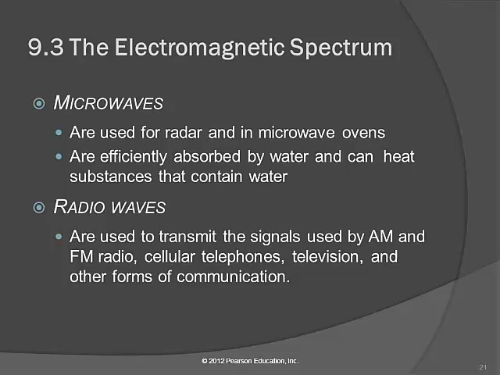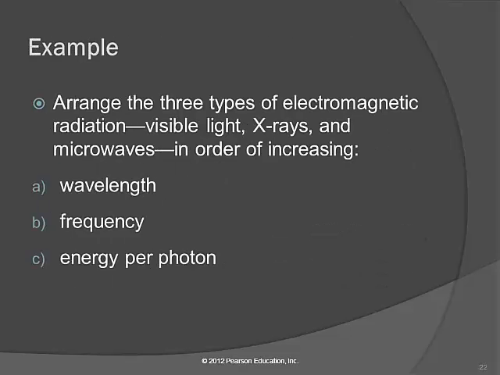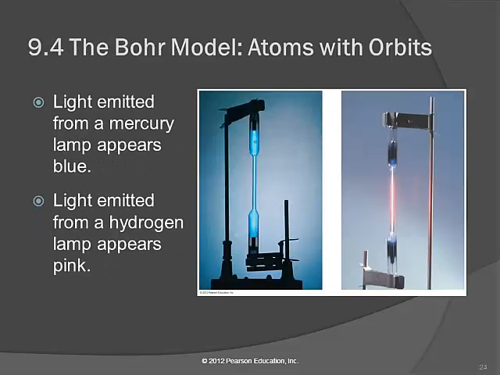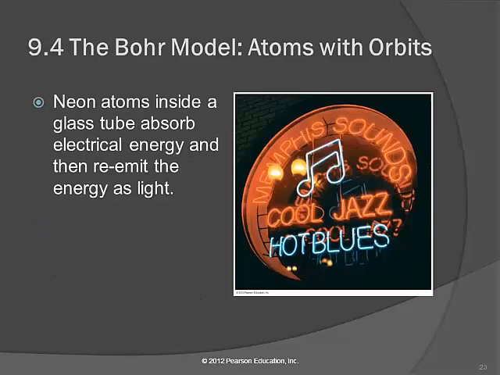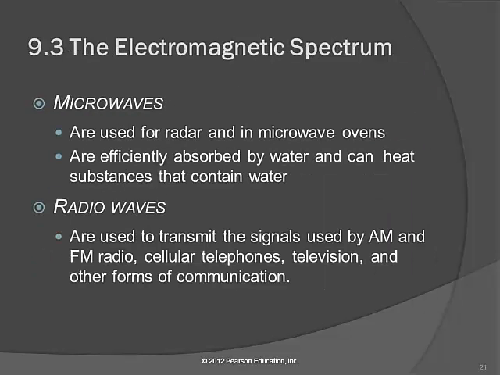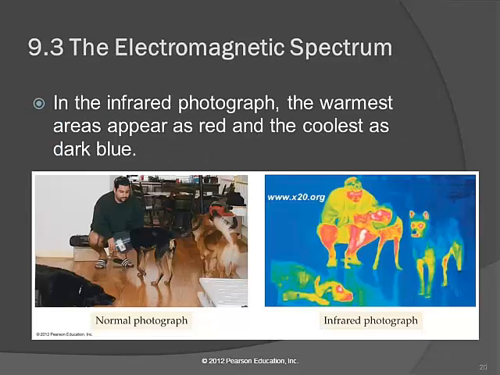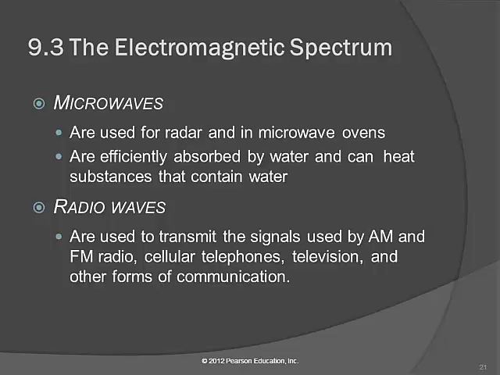But what our government has done is decided, okay, this range of frequencies is going to be used for this, and this range of frequencies is going to be used for this. Like with the cordless phones at home, your landline cordless phone, there's the 2.4 gigahertz. Well, that's the frequency of the signal that it gives out.